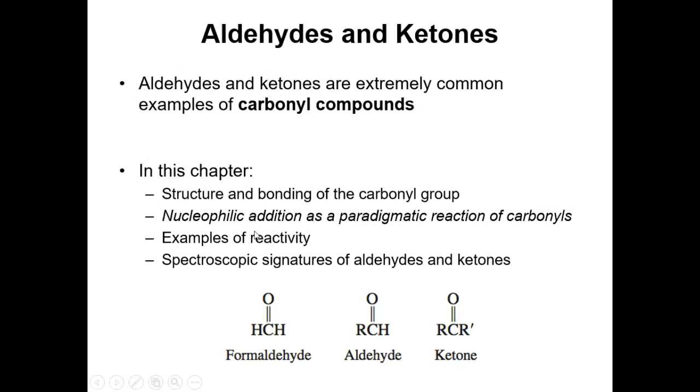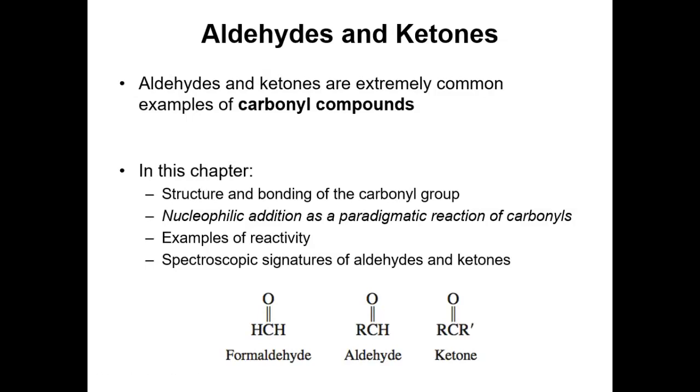In this chapter we're going to learn the structure and bonding of the carbonyl group, and we will be looking at many examples of nucleophilic addition as the typical reaction of carbonyls. We will see examples of reactivity, and also the spectroscopic signatures of aldehydes and ketones.